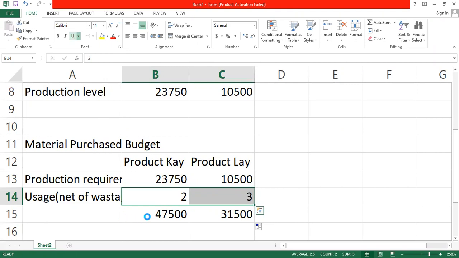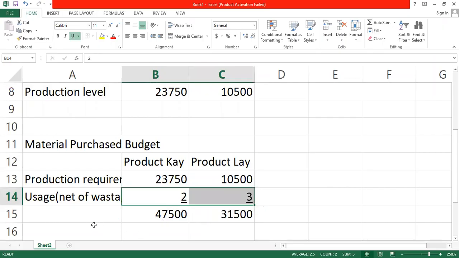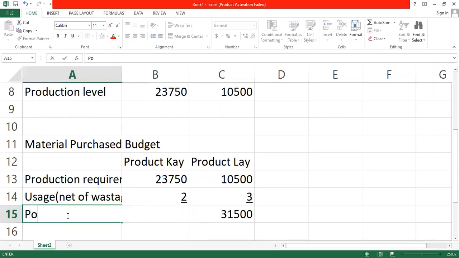This 47,500, is that the total material required? No, that is the material used after the wastage. So this is the post material usage.